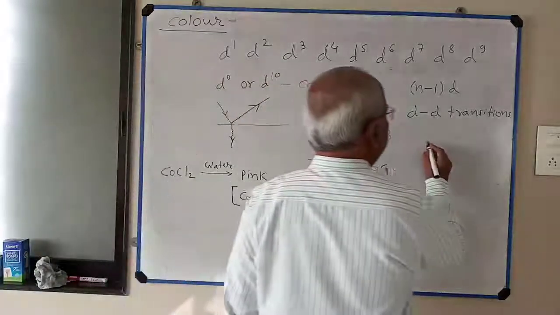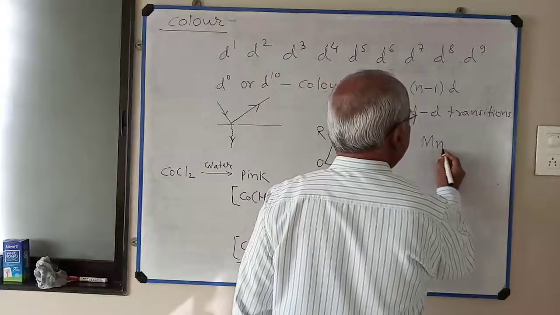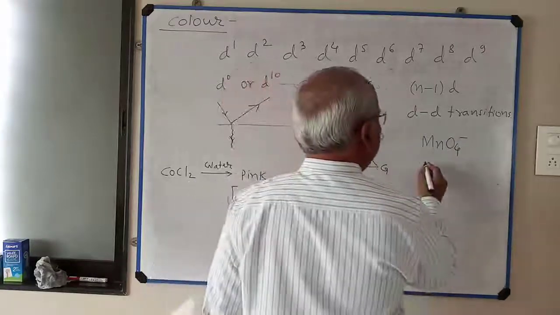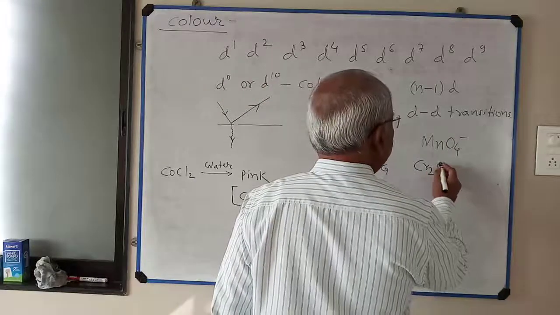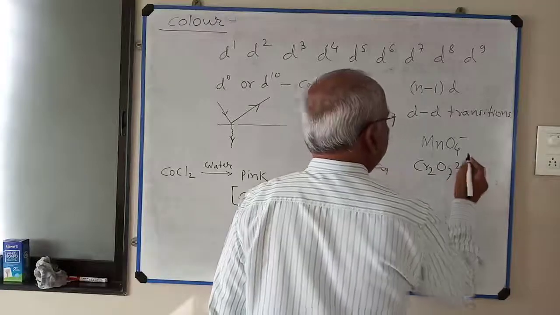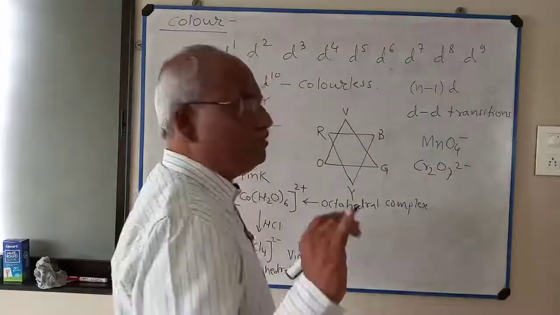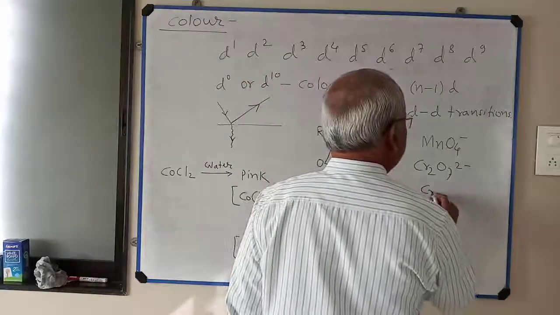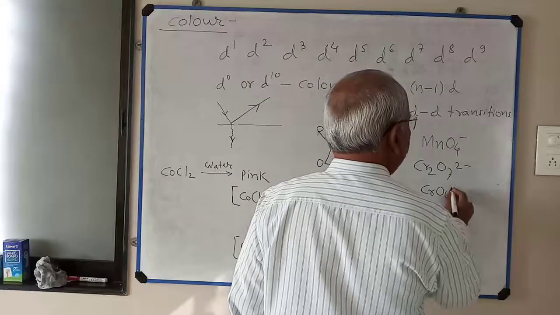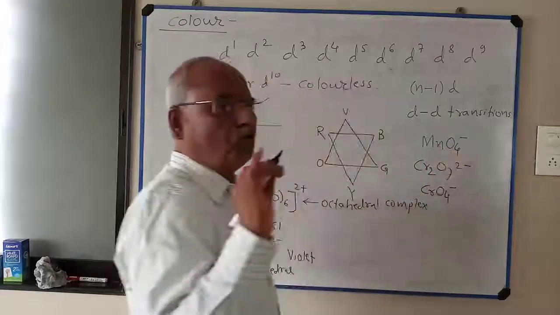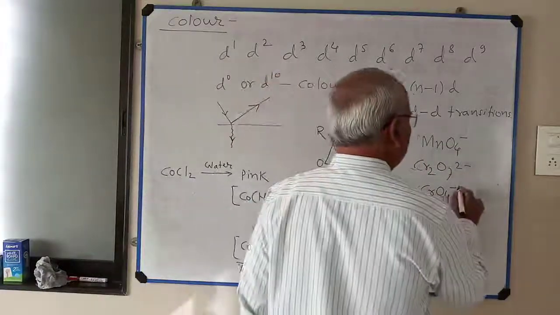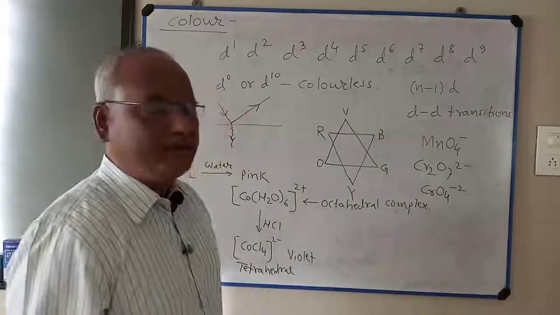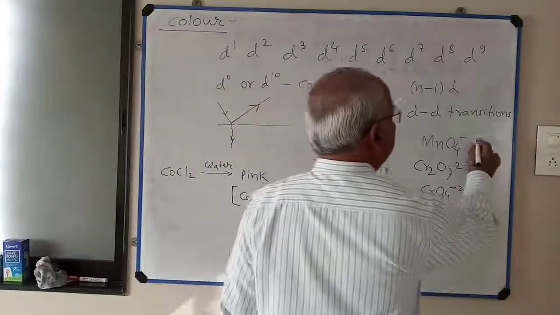Remember, this is the permanganate ion. Cr2O7 2- is the dichromate ion. CrO4 2- is the chromate ion. These are colored.